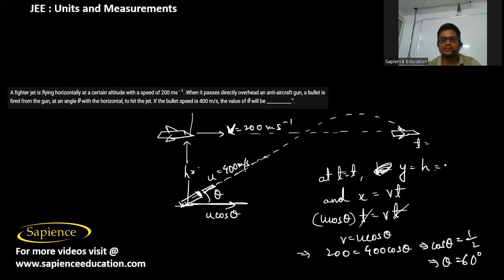And y, which is equal to u sine theta into t minus half g t square, should also be equal to h. So from here we can find what the height should be.